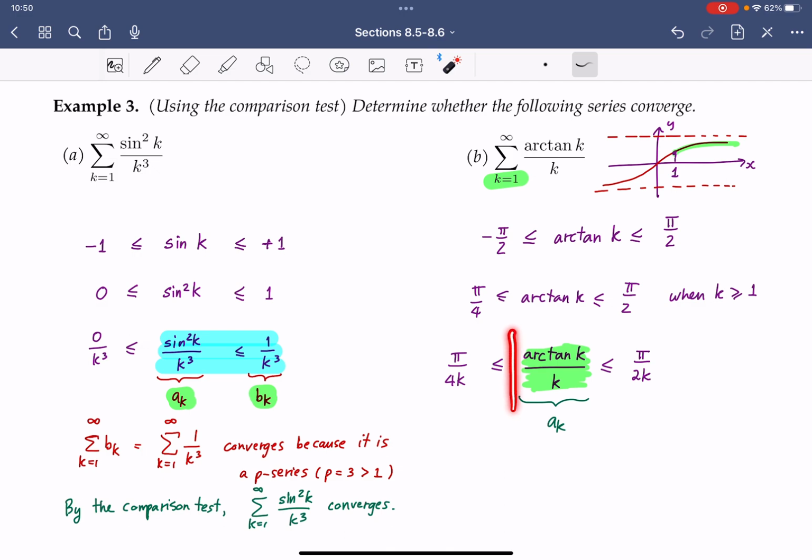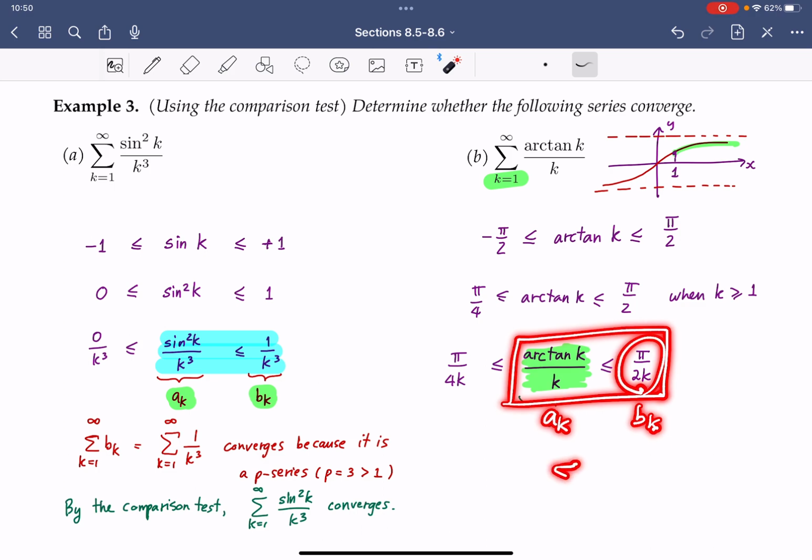If you box this one, you can have one inequality, or you can box this one, you can have another inequality. But let's start from this one. If you use this one, it means you already have A_K less than B_K. So you have to figure out whether B_K is convergent or divergent, right?